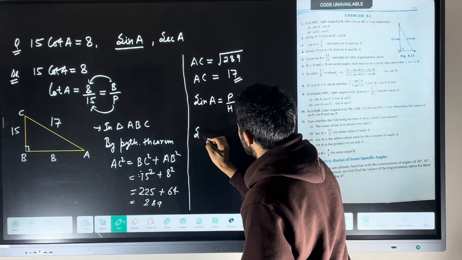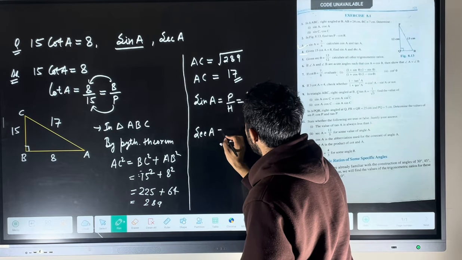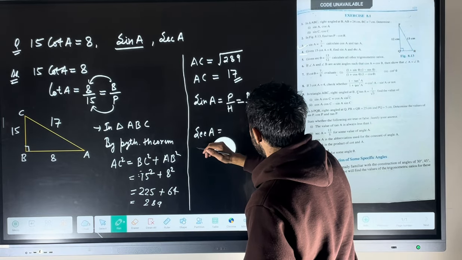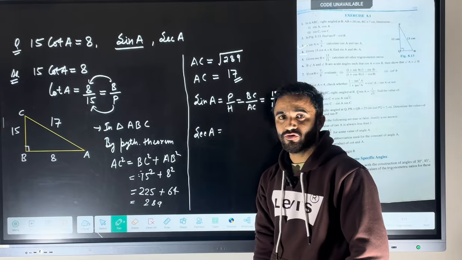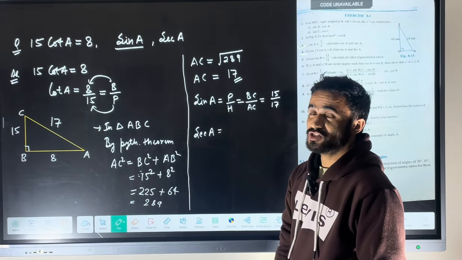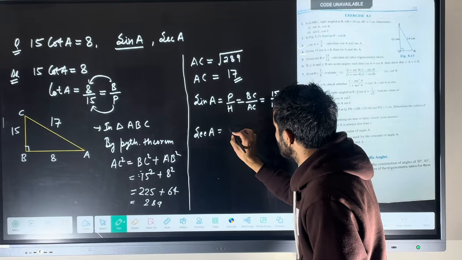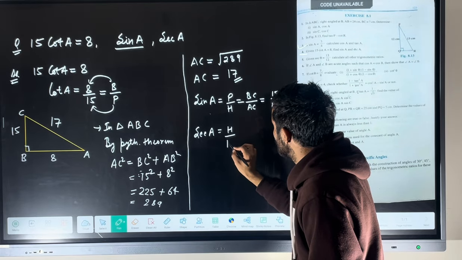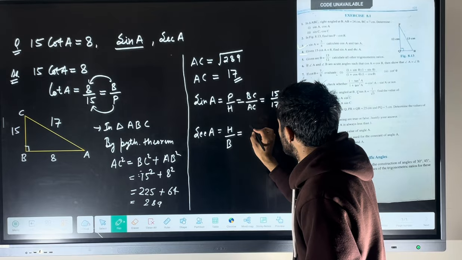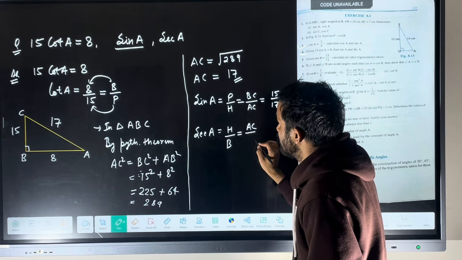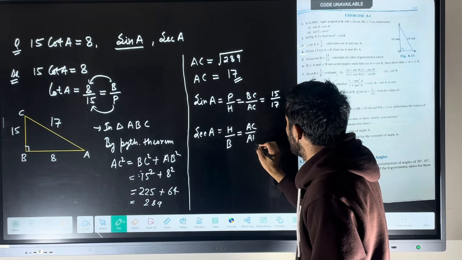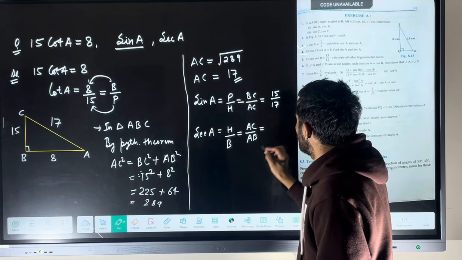Similarly, sec A. Sec is the inverse of cos. Cos is base upon hypotenuse, so sec is hypotenuse upon base. Hypotenuse is AC and base is AB.